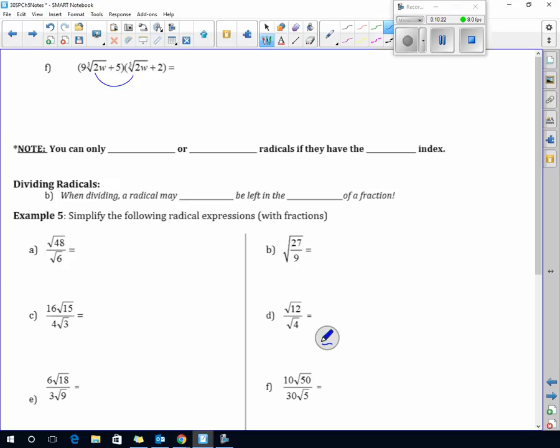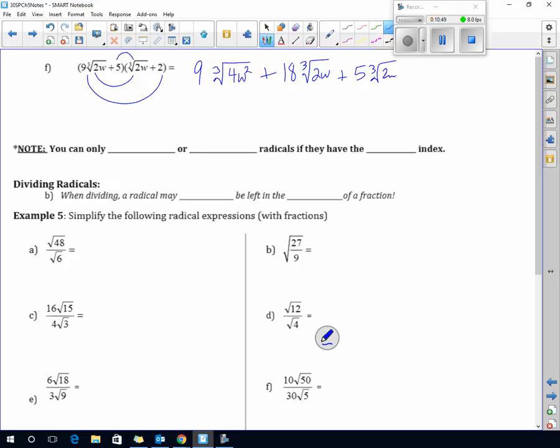Outer, we get 18 cube root 2W. Yes? Inner, we get 5 cube root 2W. Yes? And then last, we get 10.